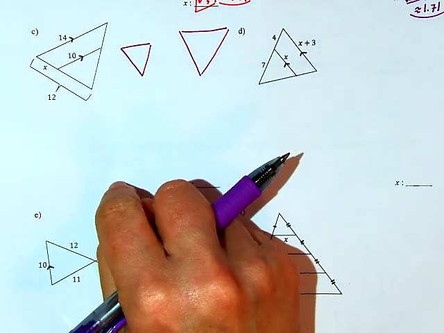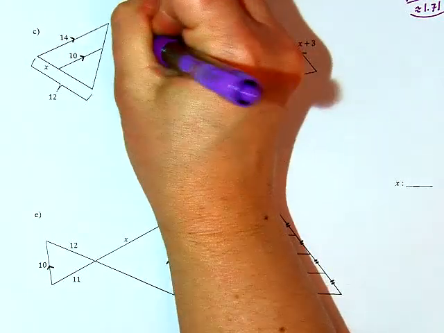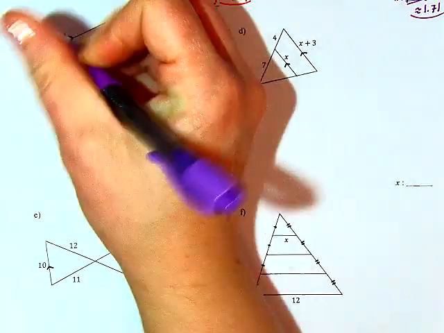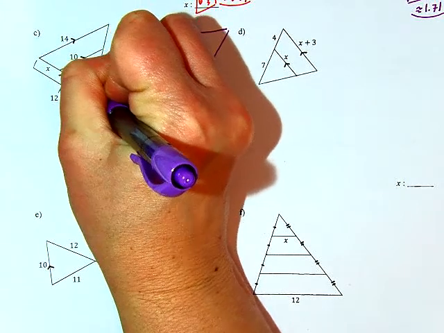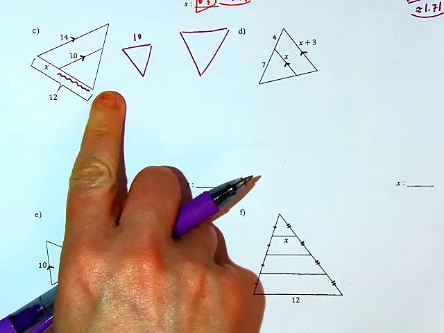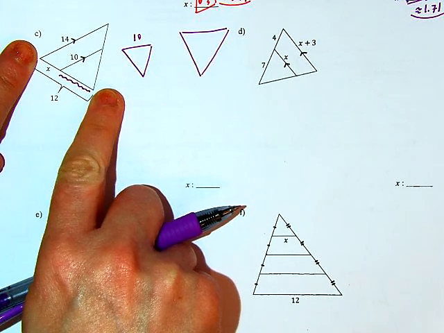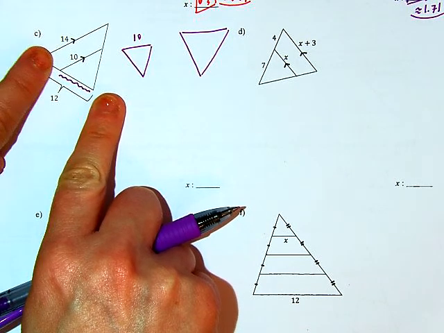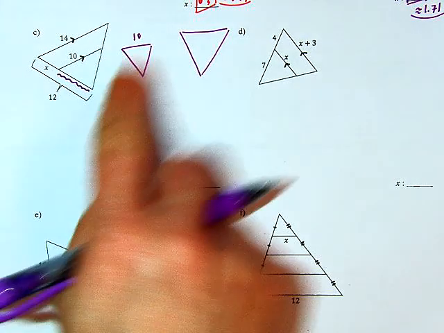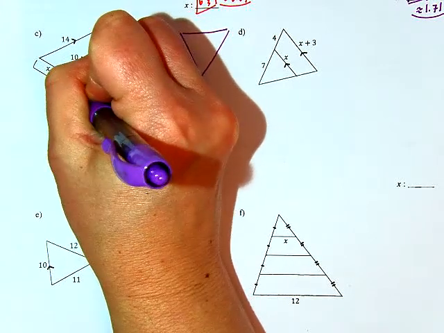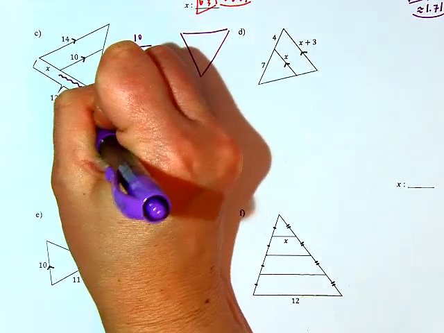So for my small one, I know that this part is 10, but it's a little bit trickier getting to here with what was given. So if I'm looking at this full side right here, that full side is 12, and then to get to where my little squiggle is, I'm really taking away x. So this measure right here is 12 minus x.